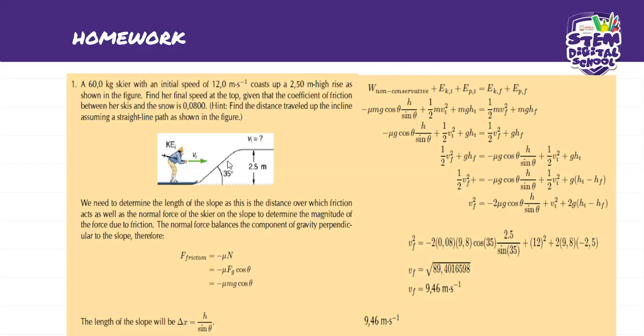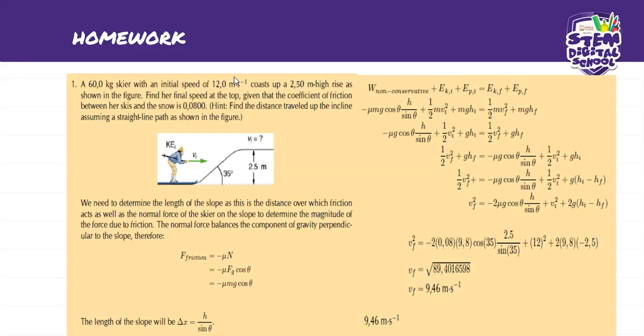Here let's see if we have the coefficient of friction. So we also have friction, which means that in this equation we have the work non-conservative, because remember, work non-conservative is the friction in this case.